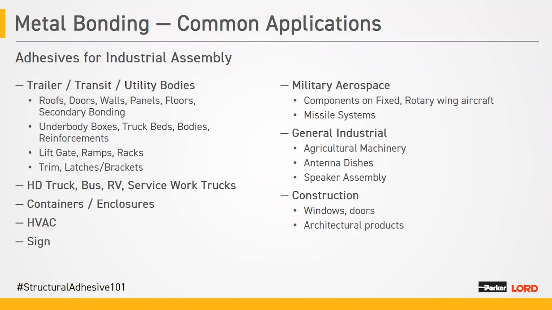We work with heavy-duty truck, RV, service work trucks. We work with containers, shipping containers, HVAC, sign. In the military aerospace, certainly fixed wing and rotary wing aircraft, missile components, armor bonding applications, general industrial, agricultural machinery, satellite dishes or antennas or dishes, speaker assemblies, and construction such as windows and doors and other architectural cladding products.